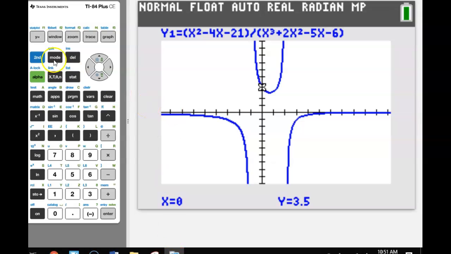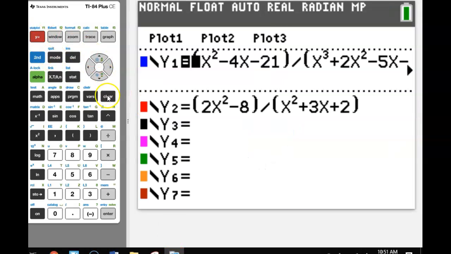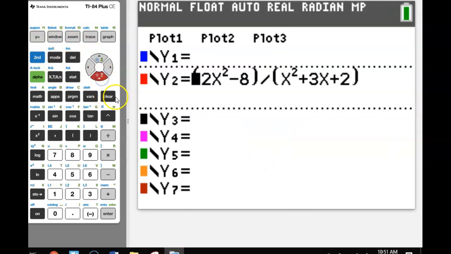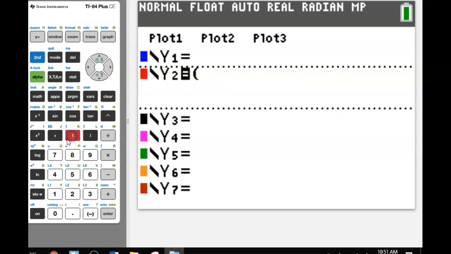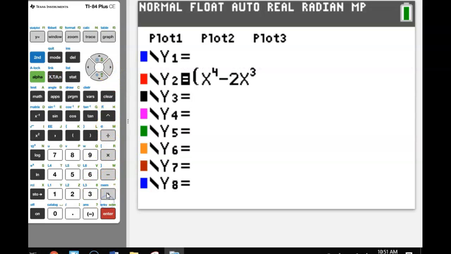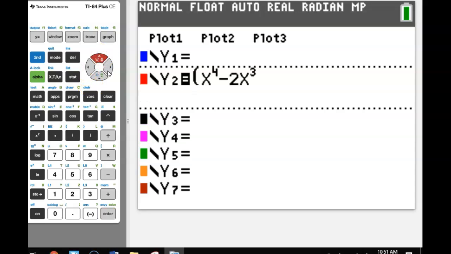All right, someone's going to need to read that to me because I did not put it in yet. Go ahead. X to the 4th minus 2x cubed plus 1. Hang on, I messed up already.